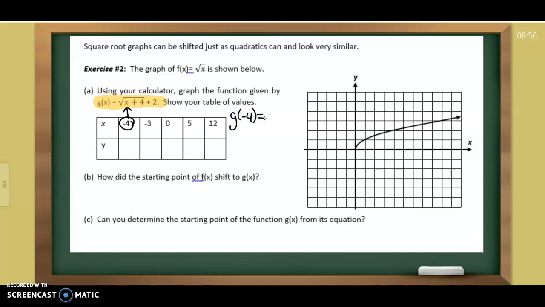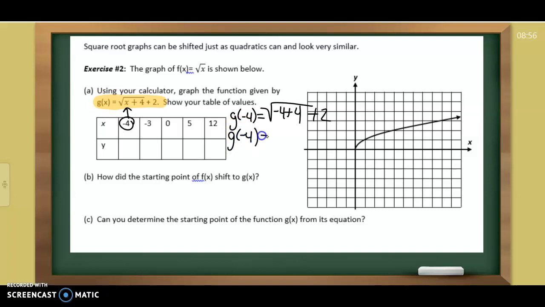This is the fancy way of showing you this. I plug in the x value, so -4 plus 4, inside the square root, outside of it plus 2. Now we just got done saying you can't take the square root of a negative number. The number we're using is -4. So is this going to give us an error?